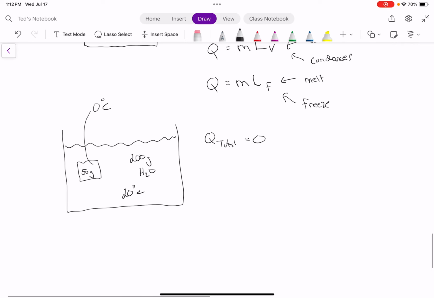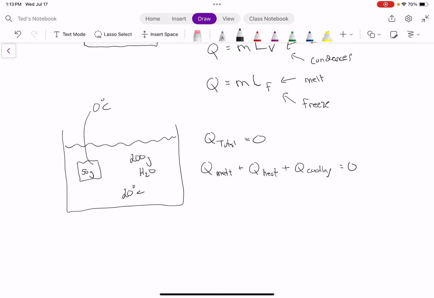And that means that the Q for melting the ice plus the Q for heating the melted ice that has now turned into water, plus the Q for cooling the water that started out at 20 degrees should equal 0.